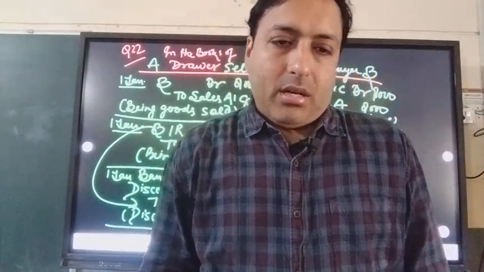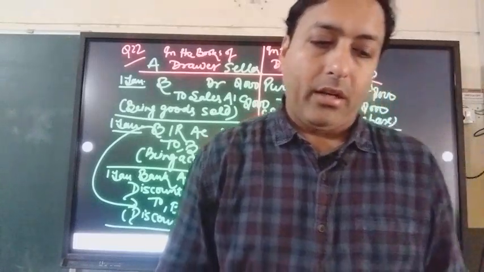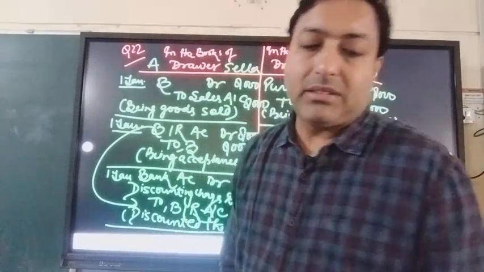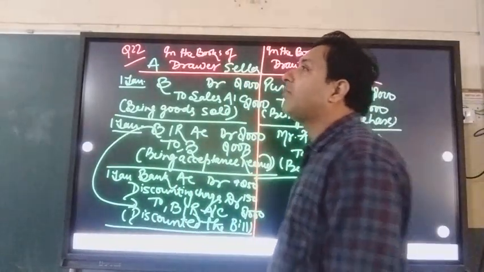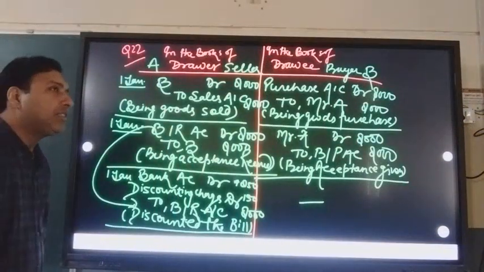So see the next entry on the due date. What happened on the due date? On the due date, the bill was dishonored. The bill was written for 3 months, that is, 1st Jan to 1st Feb, 1st Feb to 1st March, 1st March to 1st April.